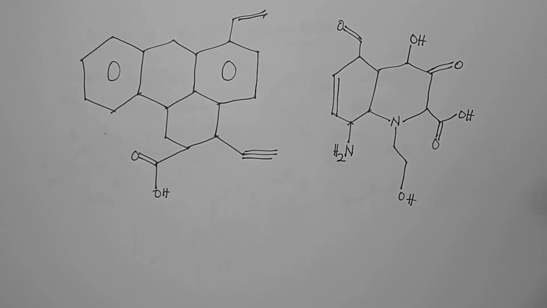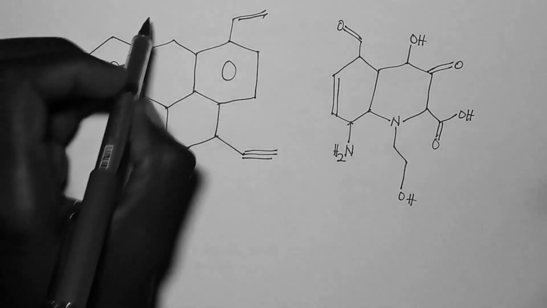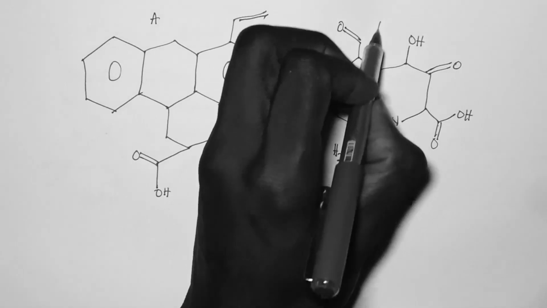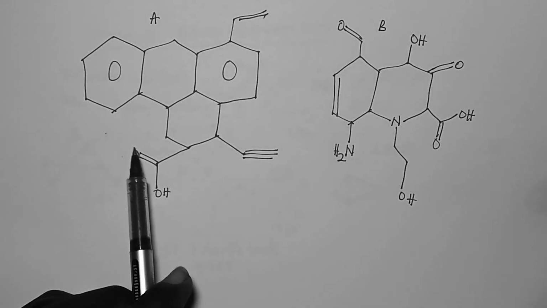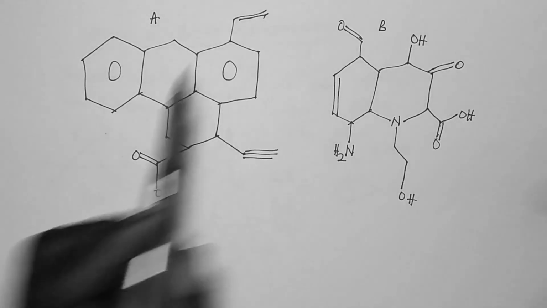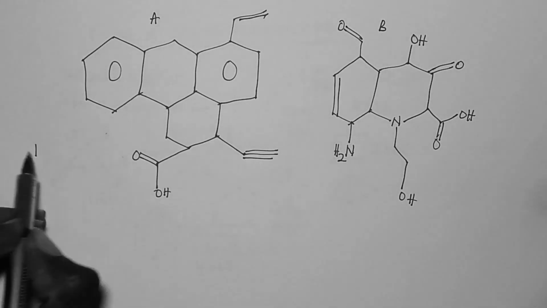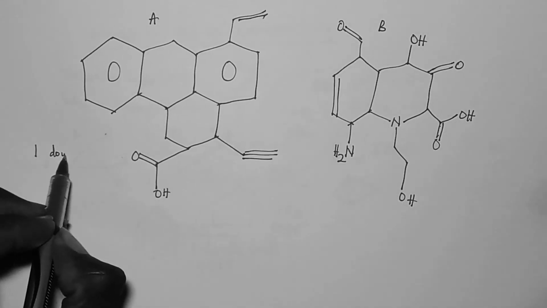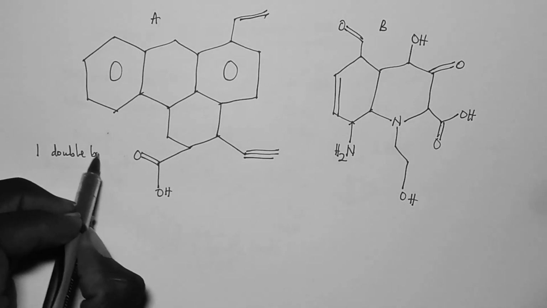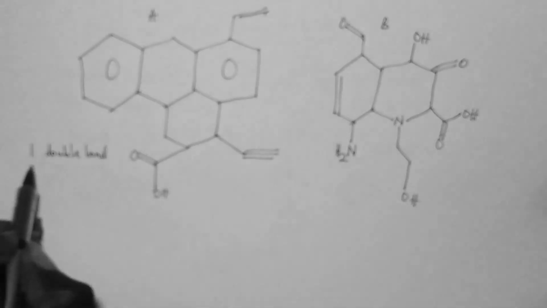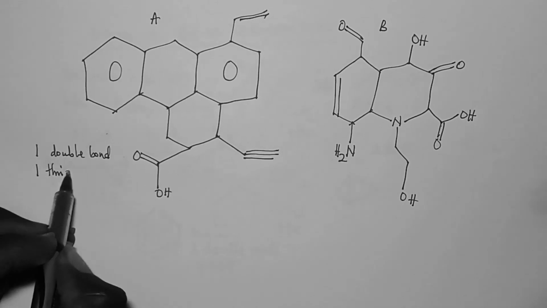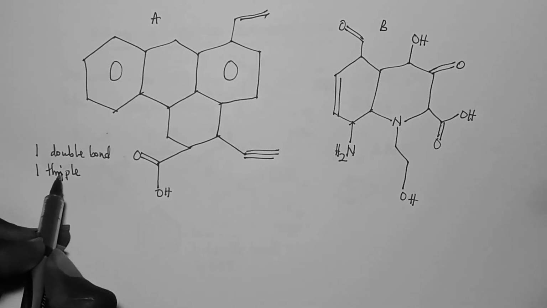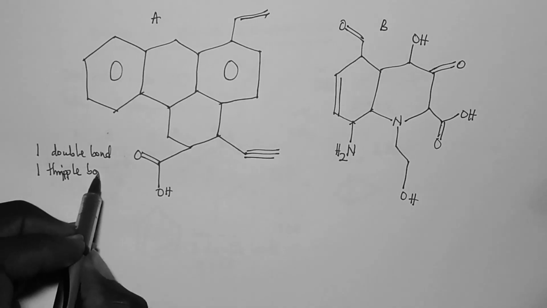How many double bond equivalents are there in the molecule above? This is molecule A and this is molecule B. So let's consider molecule A. You see that molecule A has one double bond, and apart from one double bond, it also has one triple bond.